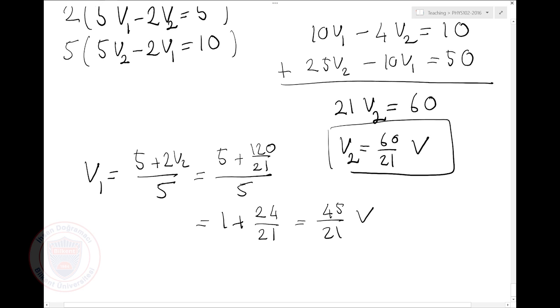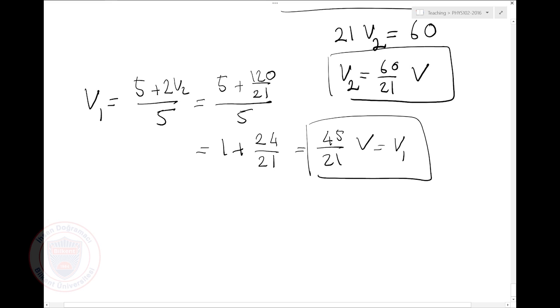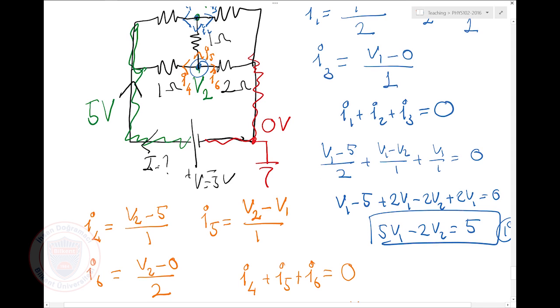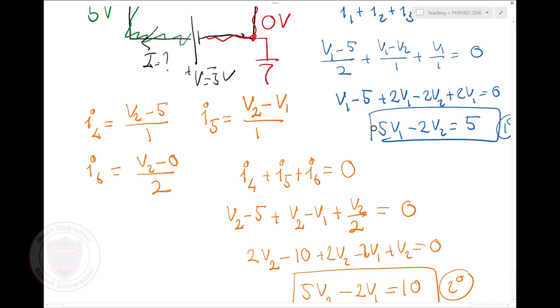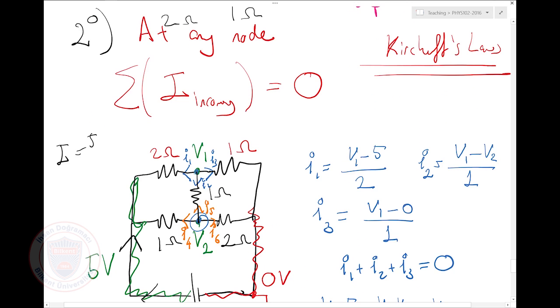Did I finish my question? Not quite. This is V1. What do I need? I need to find the total current. The question asked originally the total current here. So what would that total current be? The total current is 5 minus V1 over 2 ohm plus 5 minus V2 over 1 ohm.